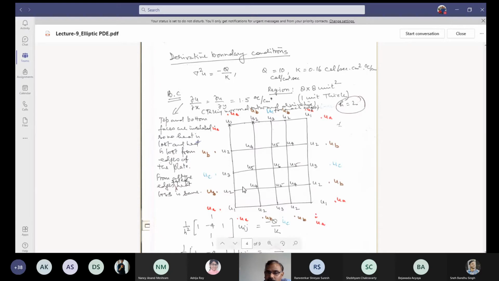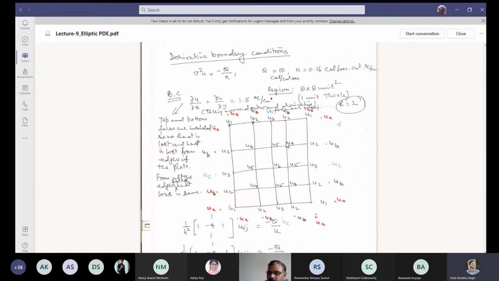I've already told you, this is the point at which you are finding out. For example, for u5, write down the equation: minus 4 u5 plus u4, right? Is that clear?